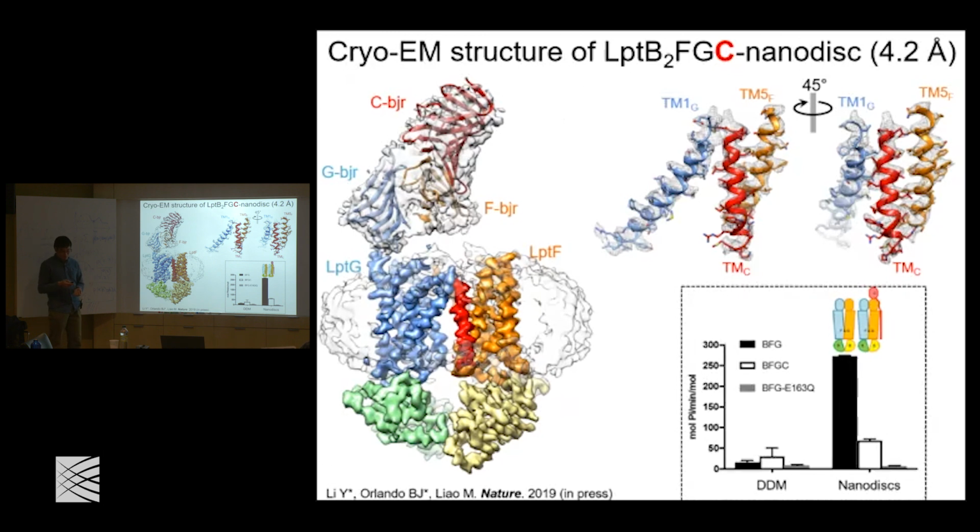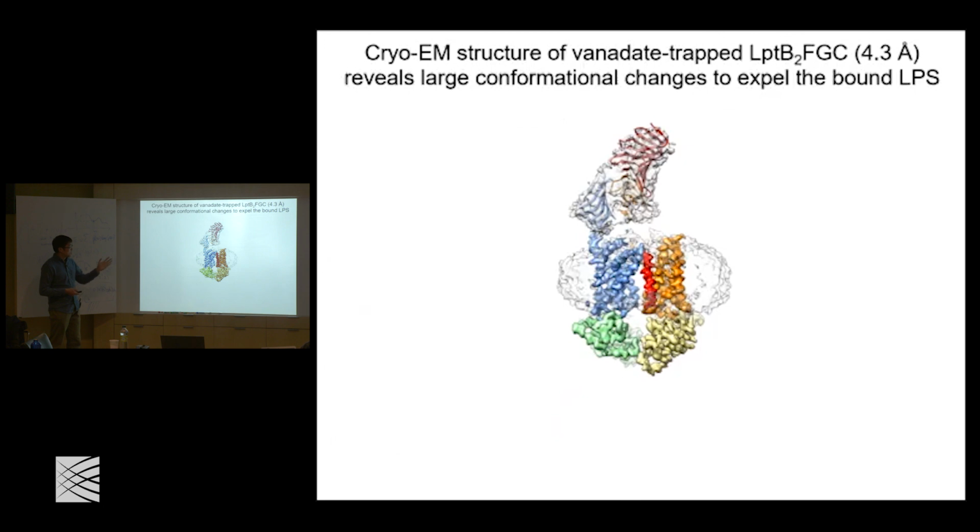To study that directly, we started from this sample and added ATP in the presence of vanadate. Vanadate is a compound that, after ATP is hydrolyzed to ADP and the gamma phosphate is released, comes in and forms a stable ADP-vanadate complex trapped inside the active site, so that you are able to study the structure when the NBD is still tightly dimerized.